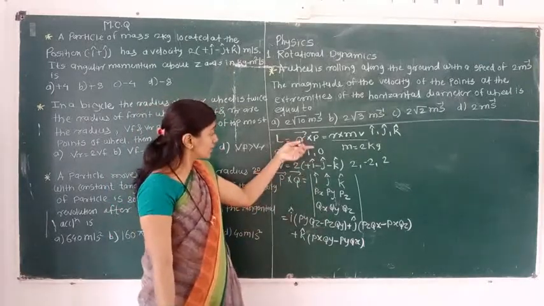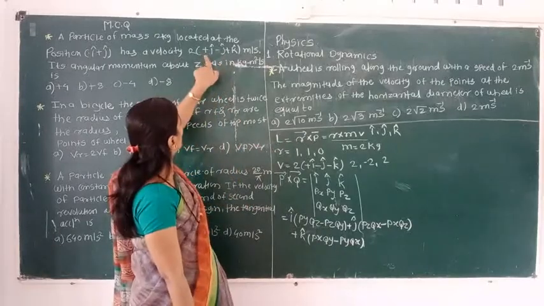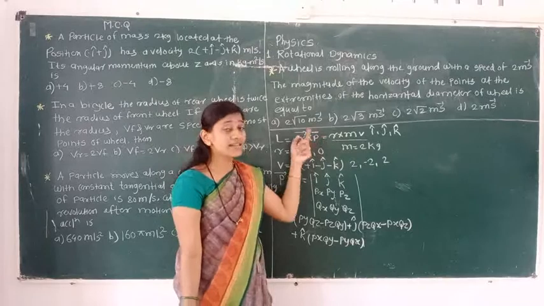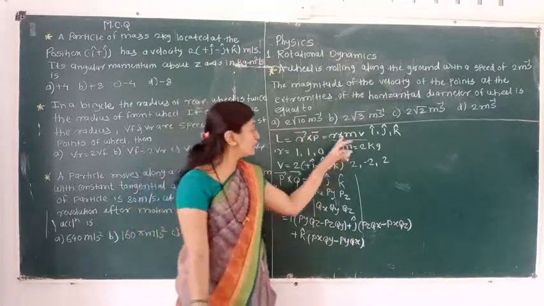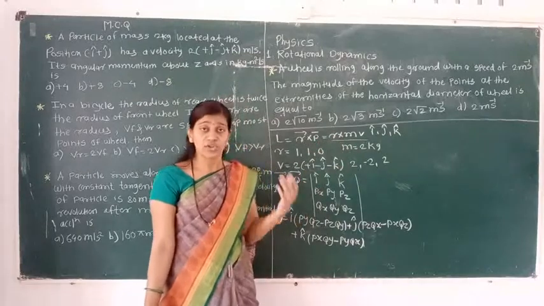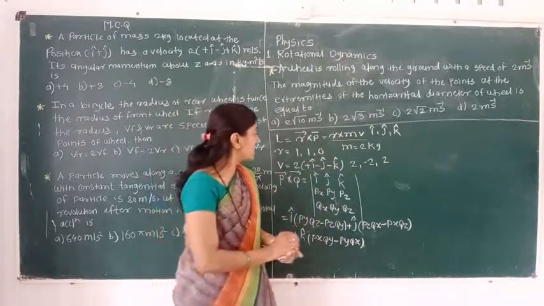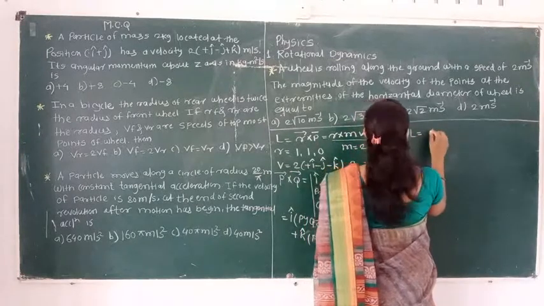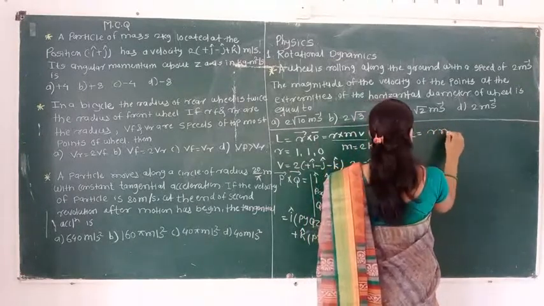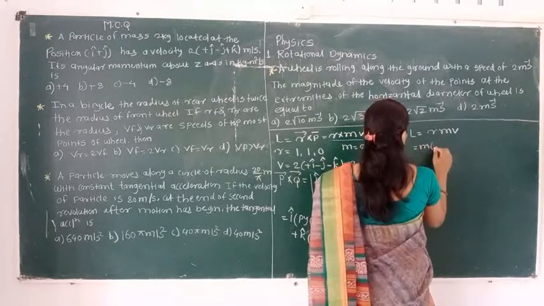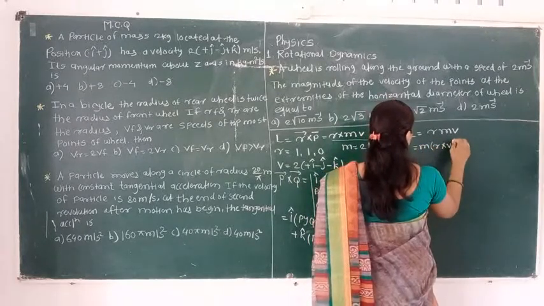As per the given example, we have two values: the position vector r and the linear momentum. In the linear momentum, m is a scalar quantity, and v and r both are vector quantities. Now we use the formula we just saw: L is equal to r cross m v. So m will remain as it is, and here we will get r cross product v.